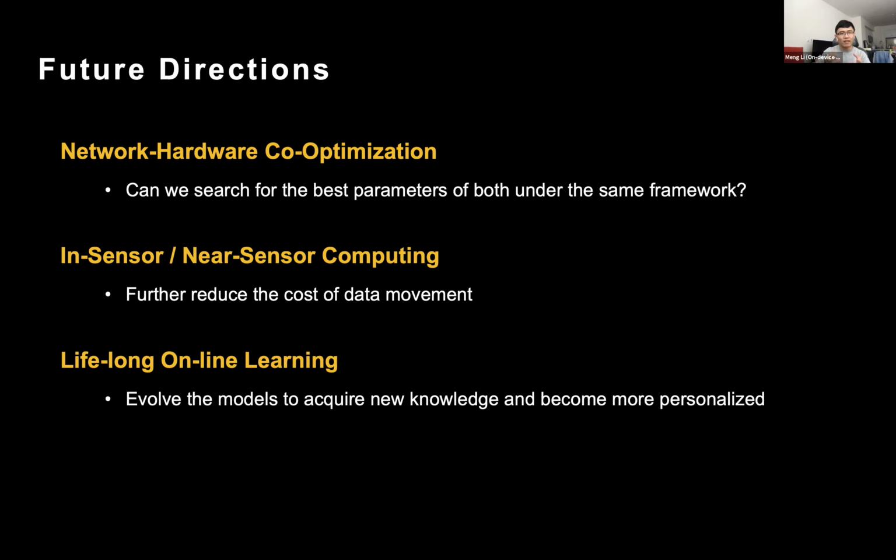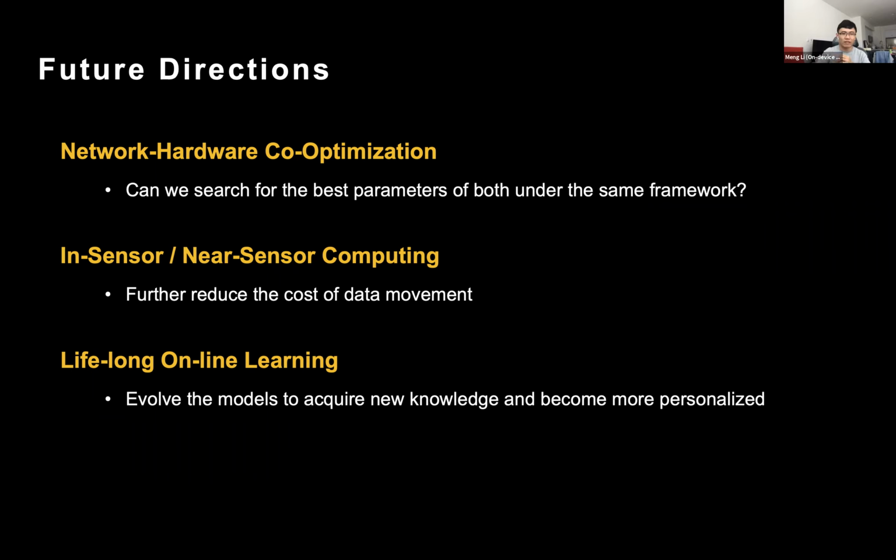And therefore, in-sensor or near-sensor computing that does the inference where the data is generated can help to get rid of a significant portion of data movement and becomes a promising direction. But of course, there are trade-offs in terms of, let's say, how large a model you can deploy, and how much flexibility you have to change the model architecture or change the model operators, and so on and so forth.